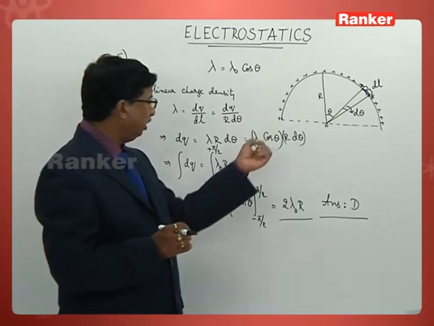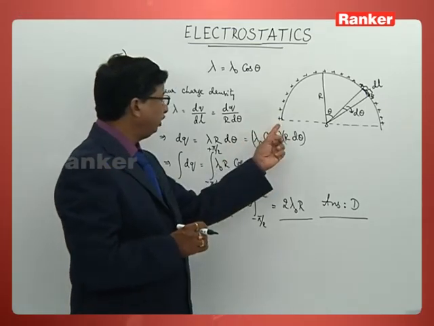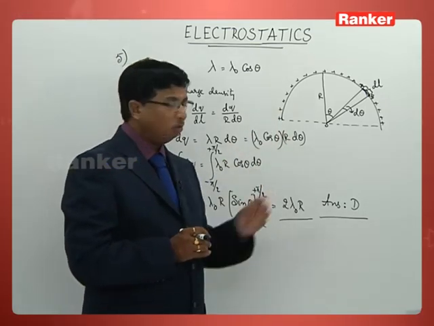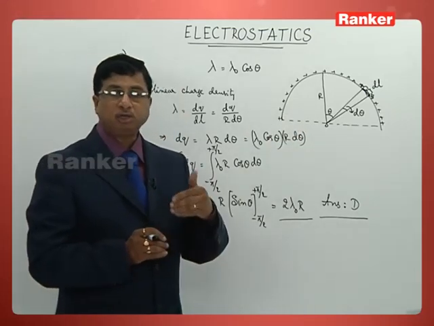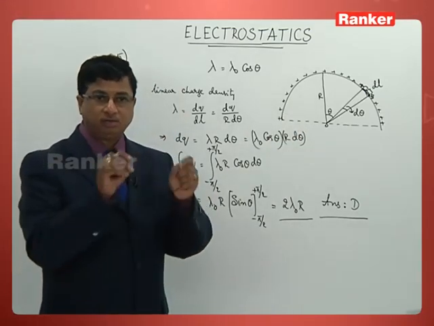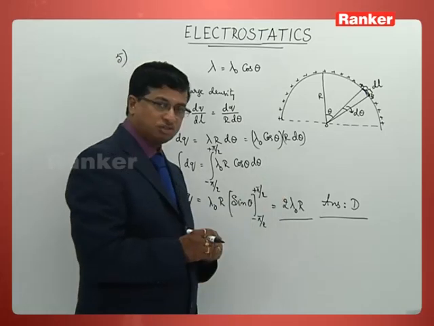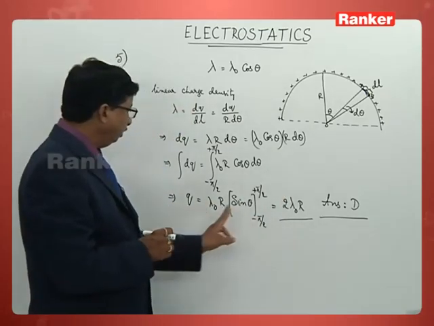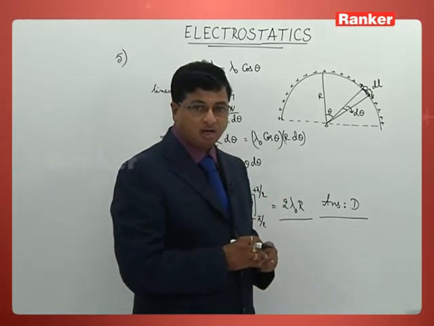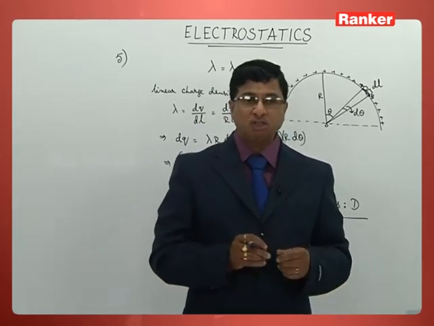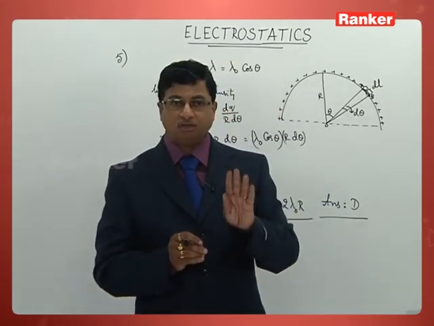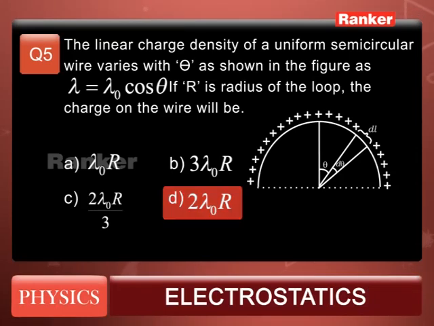You just can take integration between minus pi by 2 to plus pi by 2 to get the total charge on the entire system as Q. So what will be Q here? It is 2 lambda naught R, which coincides with the fourth option as given in the problem. So the correct option for this one is D. This is problem number 5 that we have.